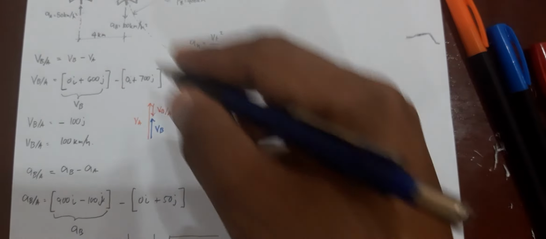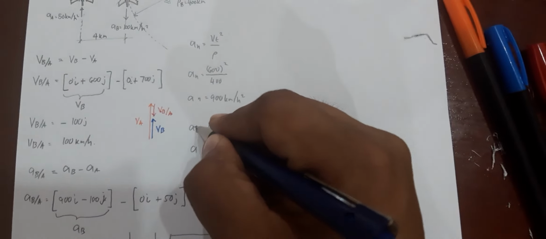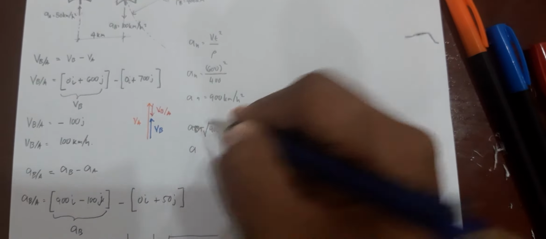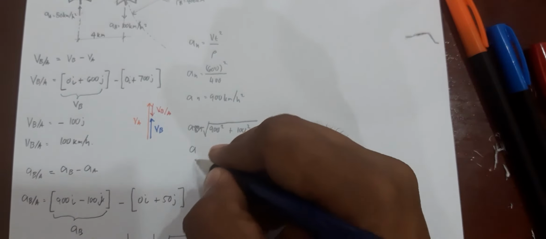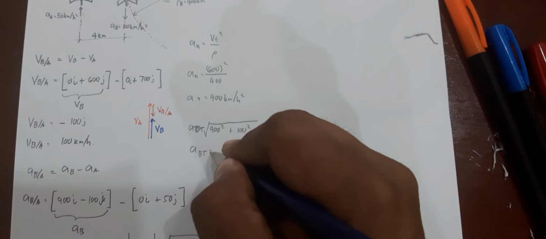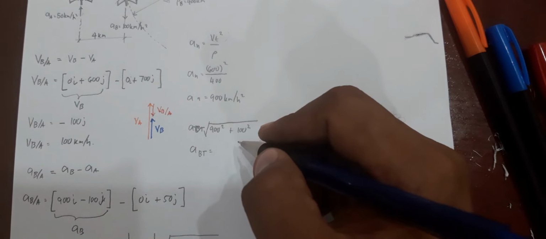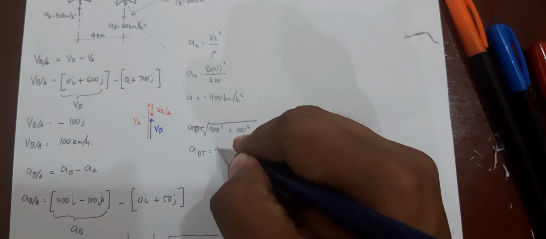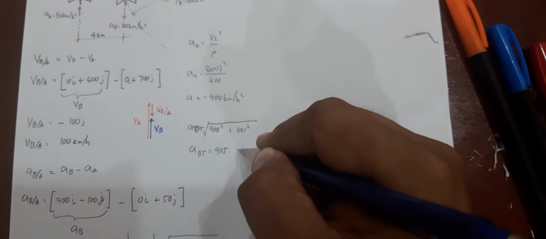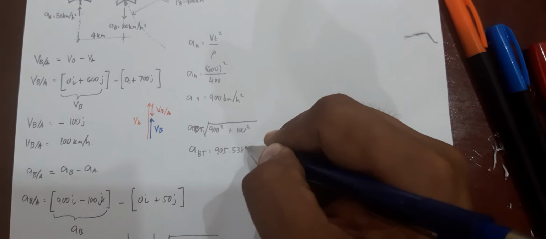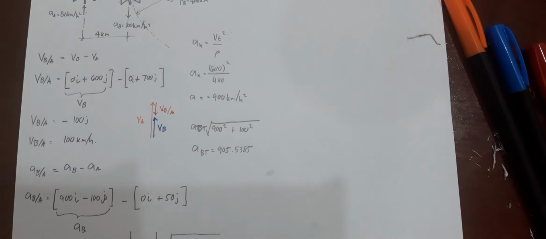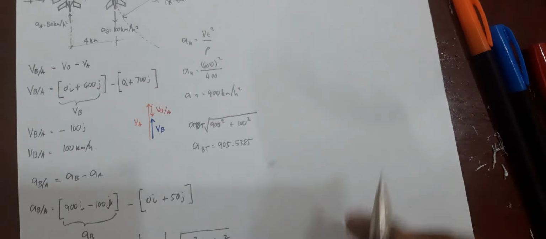Since that one is for B, let's just change the denotation for that one, AB total. So AB total now is equal to 905.5385. Okay? Now as for the direction, let's denote this one as phi.